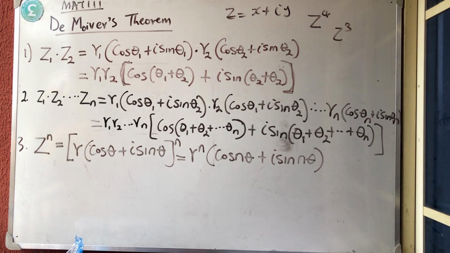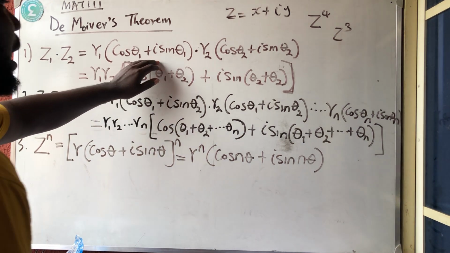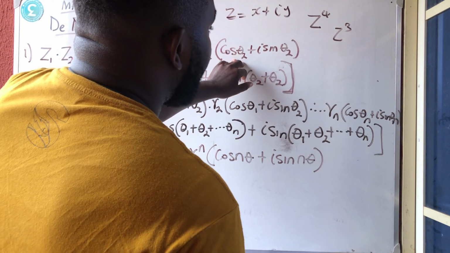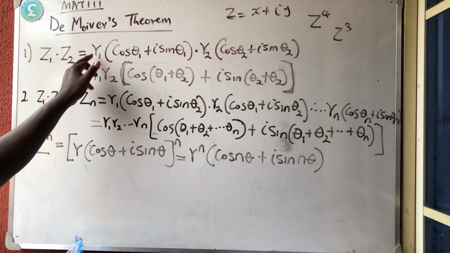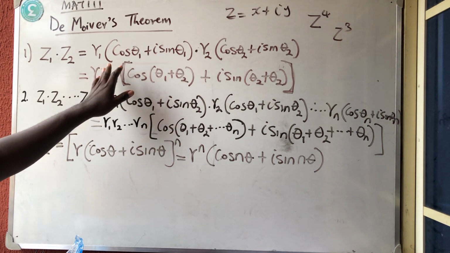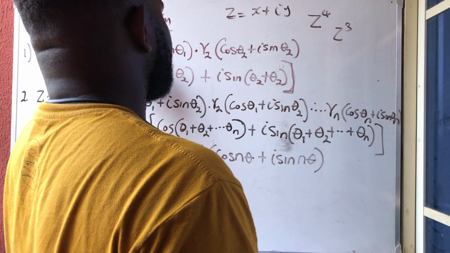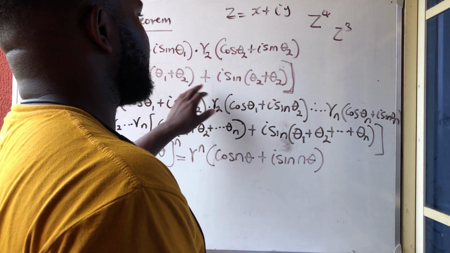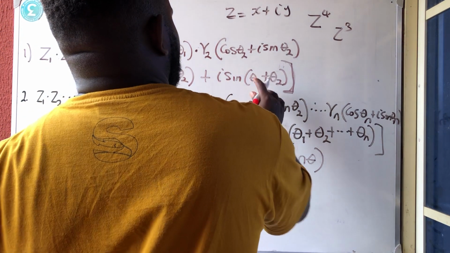But look at this law. The law says that if you have a complex number being multiplied by another complex number in their polar form, all you need to do is multiply the modulus times the modulus, bring them outside, then in brackets cos of theta 1 plus theta 2, plus i sine of theta 1 plus theta 2.